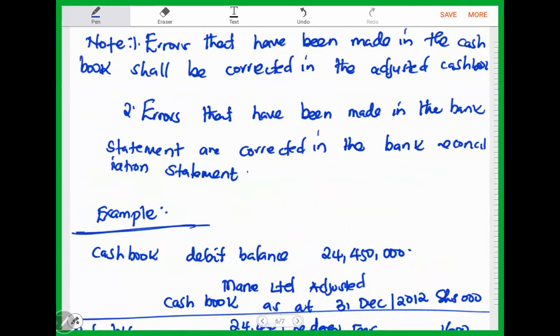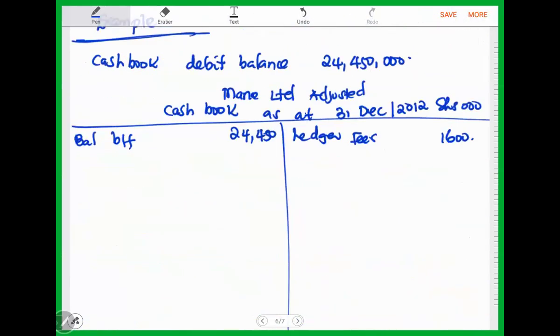Okay. Next, let's move. We are saying that a check for shilling 64.5 for new furniture had been mistakenly entered in the cash book and the furniture account as 14.5. This was an understatement. The cash book was understated by removing less money.